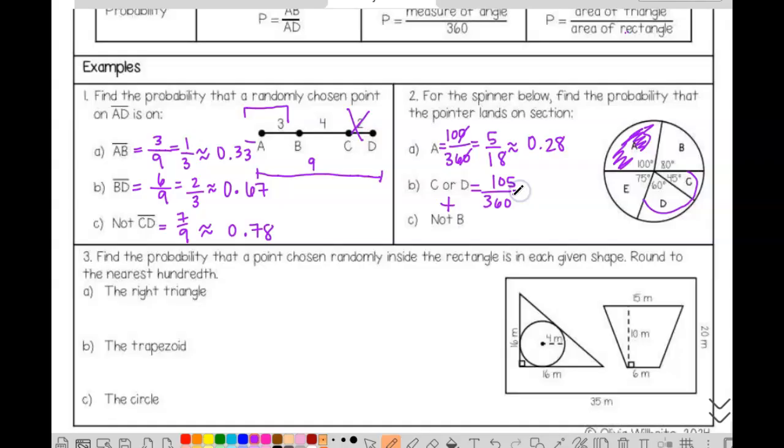What's the highest number that divides 105 and 360? 15. 105 divided by 15 is 7. 360 divided by 15 is 24. So 7 over 24, which is 0.29.